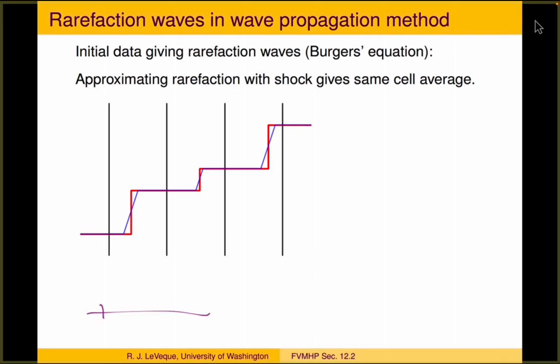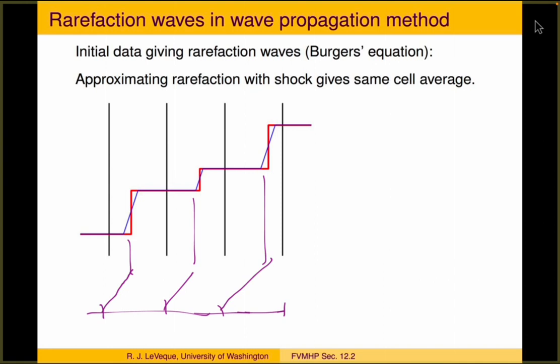So we'd be looking at taking this initial data, and rather than putting a rarefaction wave, just put a shock that's moving to these points. And because we choose the shock speed to be the Rankine-Hugoniot speed, that's still a weak solution of the conservation law. It still conserves mass.